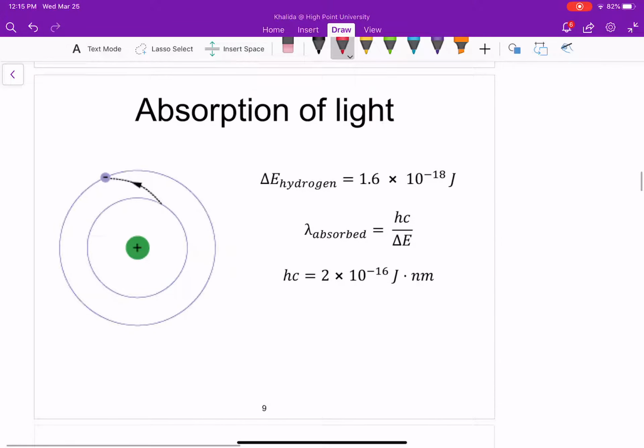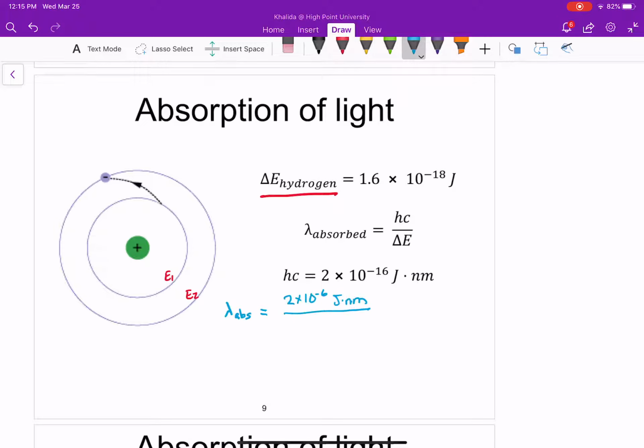So in this example, I've used the energy levels for hydrogen. The difference of energy levels for hydrogen between the ground state and the second state is just 1.6 times 10 to the 18th joules. So if we want to find the lambda absorbed, the wavelength that's going to be absorbed by an electron that goes from the ground state to the next state of the hydrogen atom, we take this hc, we divide it by the amount of energy that the electron needs to absorb.